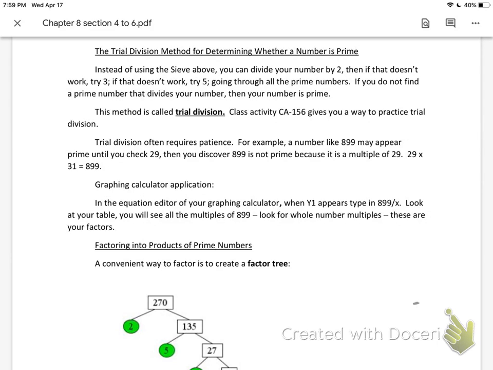It is not prime. Okay, in terms of a graphing calculator application, this is kind of important, so I'm going to start right here. In the equation editor of your graphing calculator, and that's where the y1 appears, if you type in 899 divided by x, and you look at your table, you will see the multiples of 899, and look for the whole number results, these are your factors.